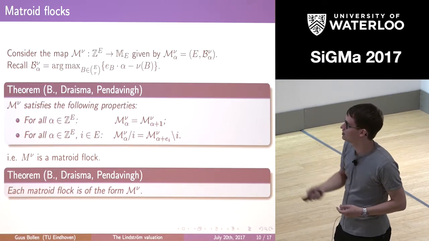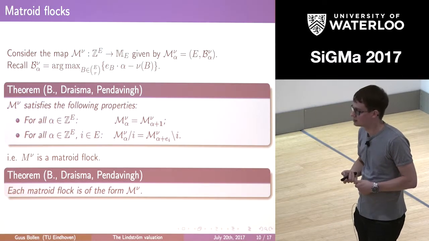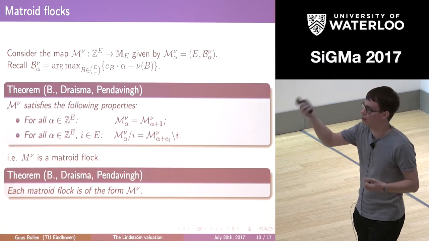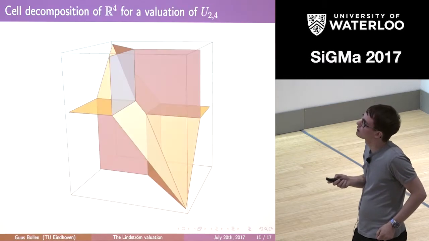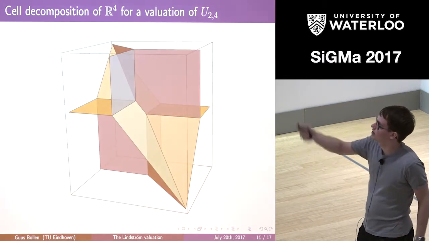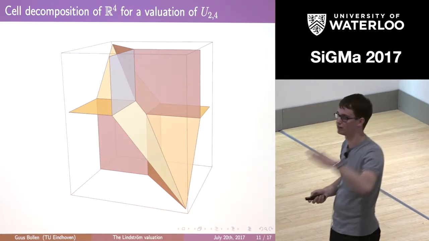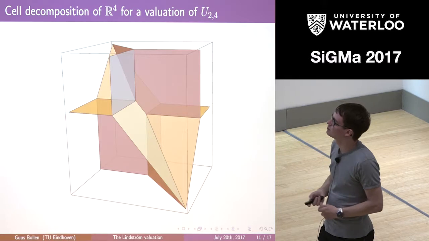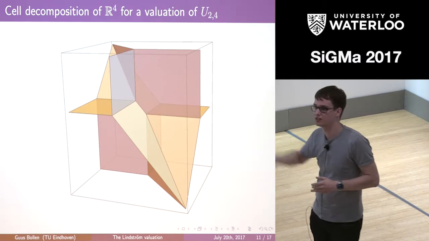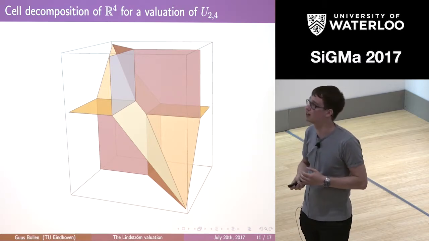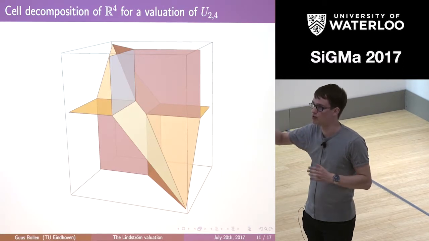Okay, and a key observation is that each matroid flock comes from such a valuation. So this is a nice picture. It's a four-dimensional picture, but I modded out the all-one vector. And this decomposes R4 into cells, where each cell corresponds to a matroid.